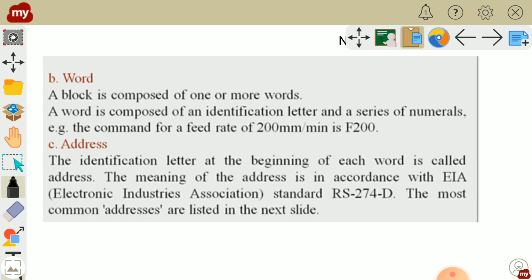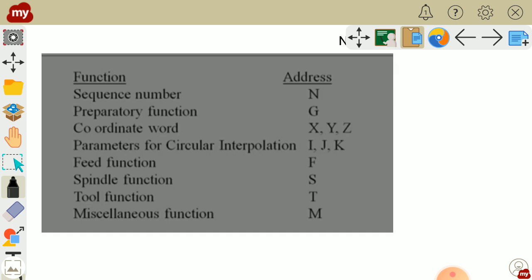Let us see the functions and addresses. For sequence number we use N, preparatory function G, coordinate words X, Y, Z, parameters for circular interpolation I, J, K, feed function F, spindle function S, tool function T, miscellaneous function M.